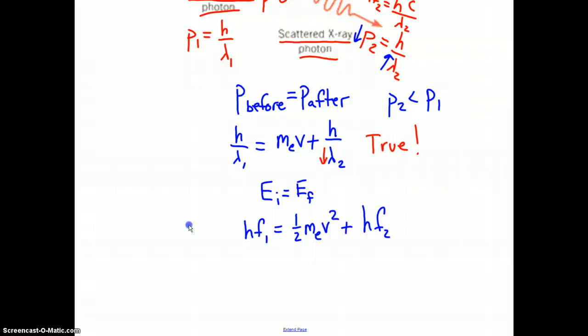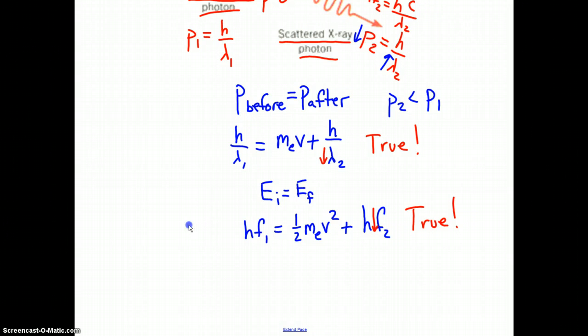We should see a decrease in frequency and an increase in wavelength like we mentioned above. And when Compton performed his calculations, he found out, once again, that that was true.